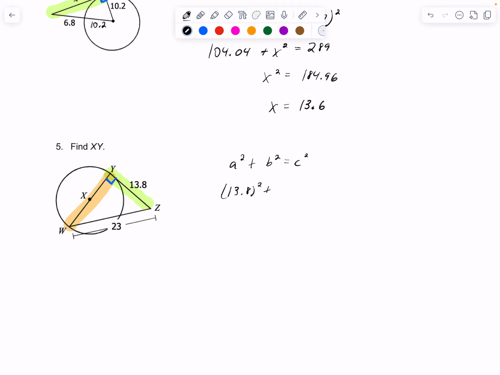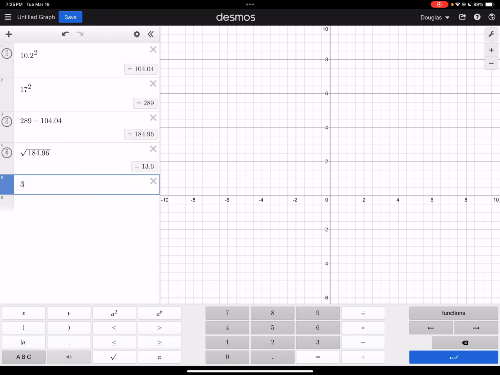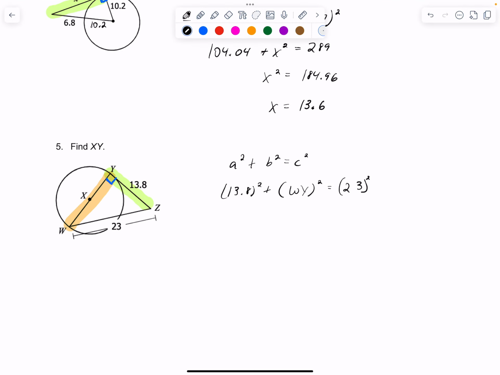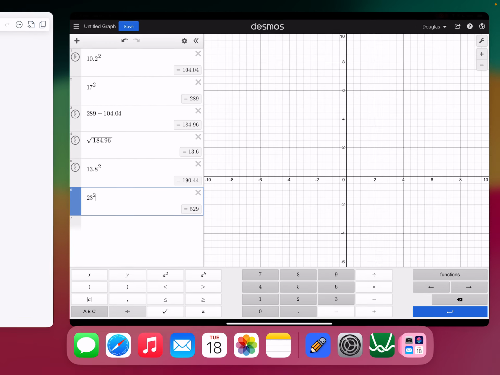So using the Pythagorean theorem again, I'm going to write 13.8 squared plus WY squared, which is going to be my diameter, equals 23 squared. So 13.8 squared is 190.44 plus WY squared equals 23 squared, which I don't know off the top of my head, is 529.